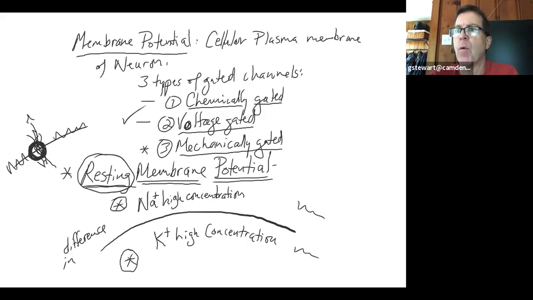It doesn't mean that way out here, there's also a lot of sodium ions, and way deep in here, there's lots of potassium ions. It just means right along this edge, there's lots of sodium ions outside, lots of potassium ions inside. What that does is it creates a difference in charge environment outside and inside, okay?